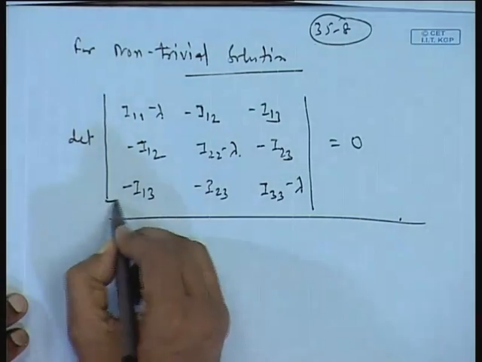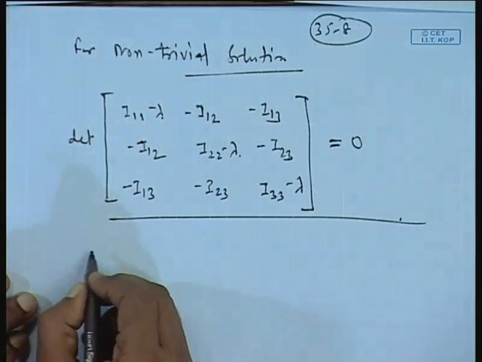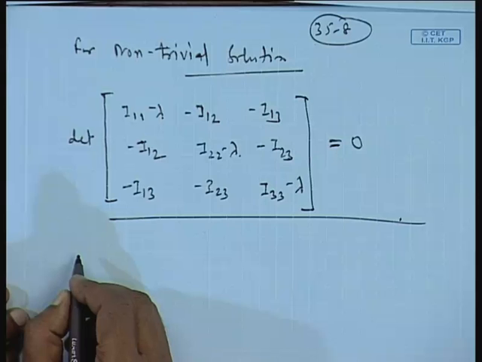So the determinant of this matrix must be equal to 0. Expand it, and by expanding we can solve.